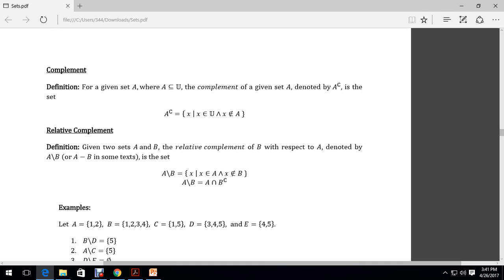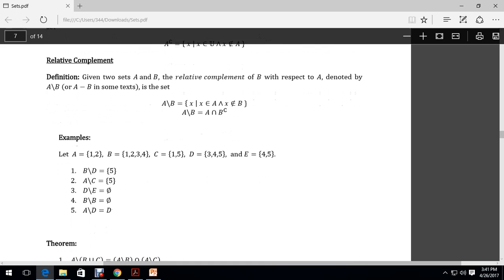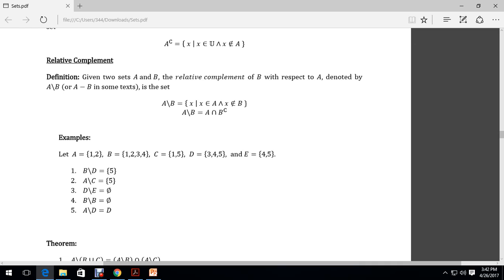Okay, so perhaps we could make use of examples just to illustrate what is meant by the operation of the relative complement. So again, let's have the same set of examples previously used. We try to answer 1 to 5.